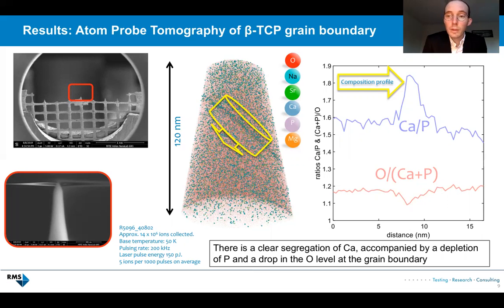This is important because it suggests that the grain boundaries of beta-TCP have a different chemical composition than their bulk. In addition, the fact that it's depleted in oxygen and phosphorus indicates that the grain boundaries may be quite sensitive to the sintering atmosphere.